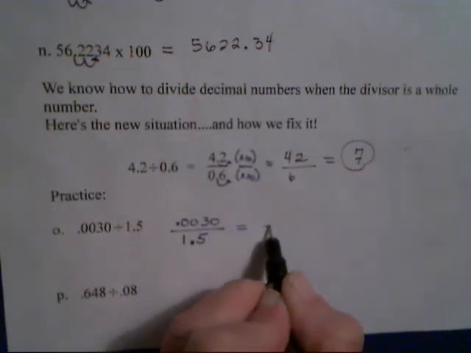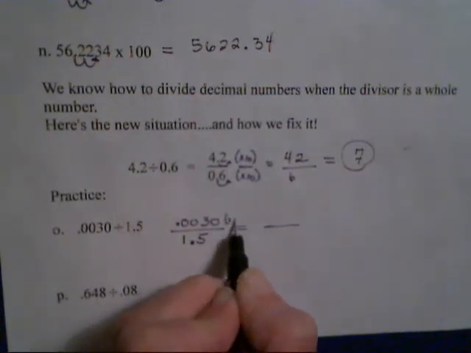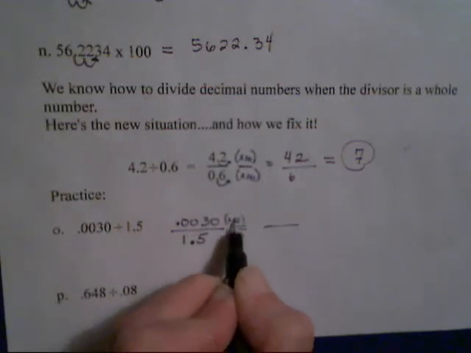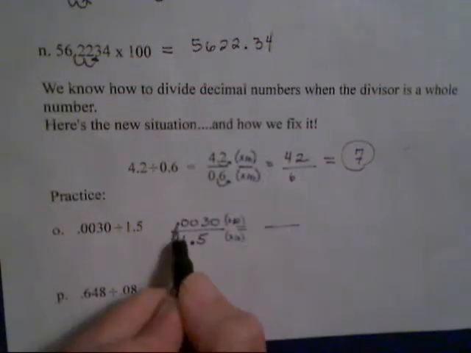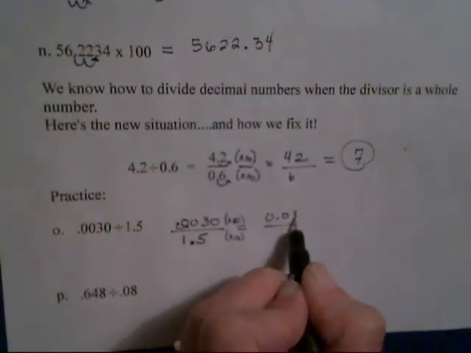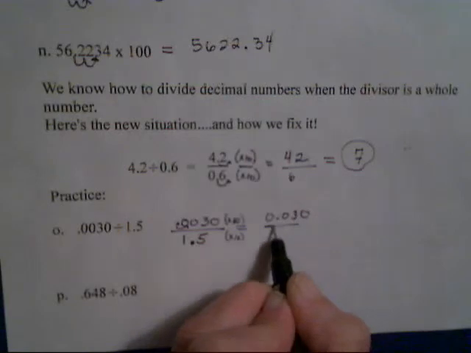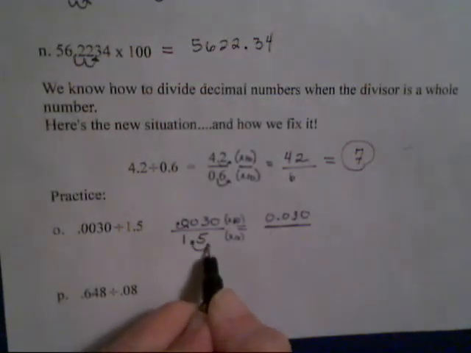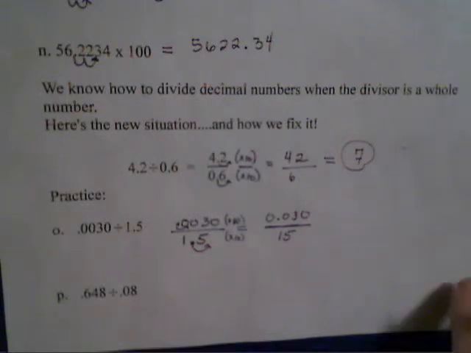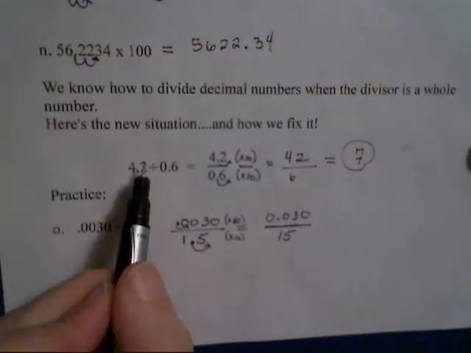That would be nice. So let's multiply the top and the bottom by 10. And on the top, I'll move it over one spot and I'll have 0.030 over, well, if I move this over 1, 15. Okay, well that's still not as easy as this practice one up here.